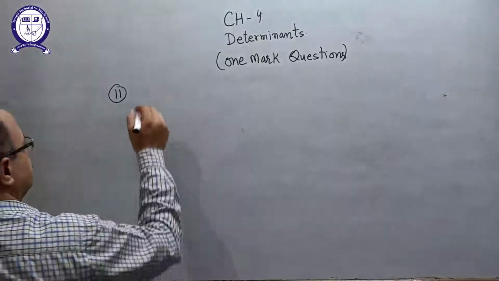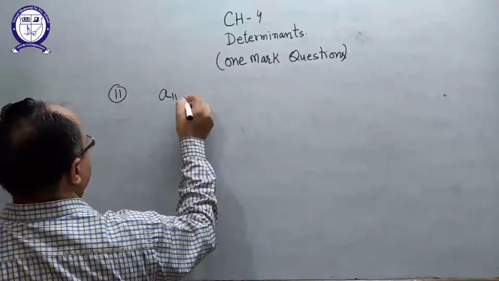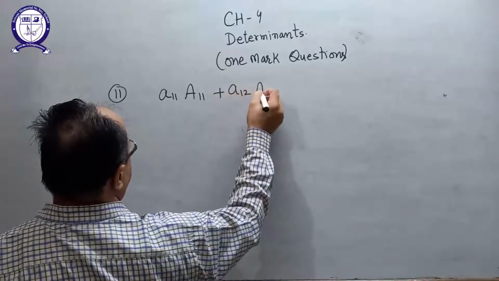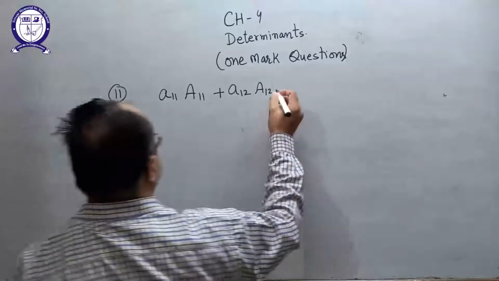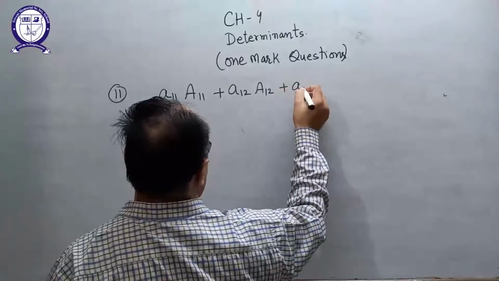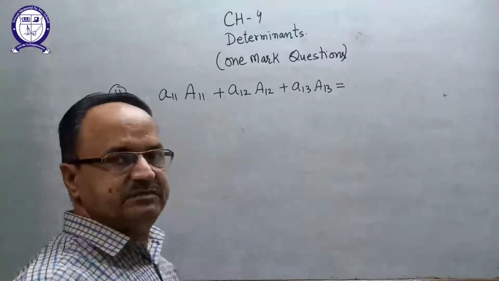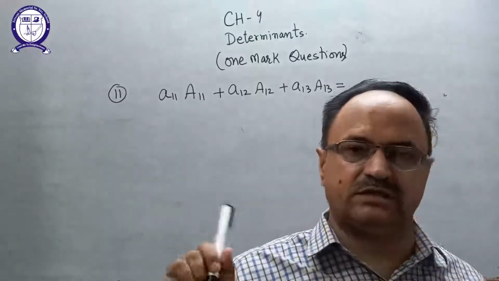Now, can you tell me A11 into capital A11, A12 into capital A12, plus A13 into capital A13. What is the meaning of this? Can you tell?